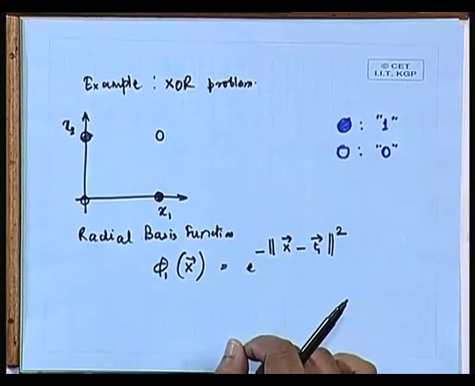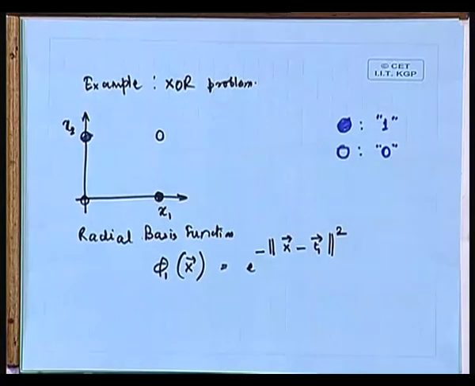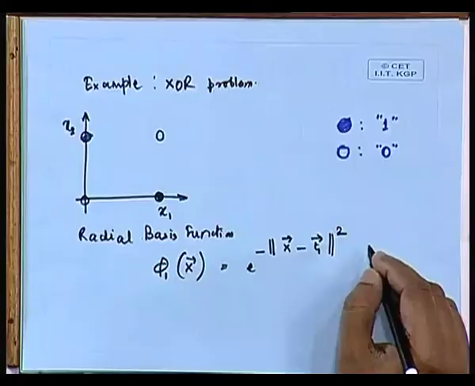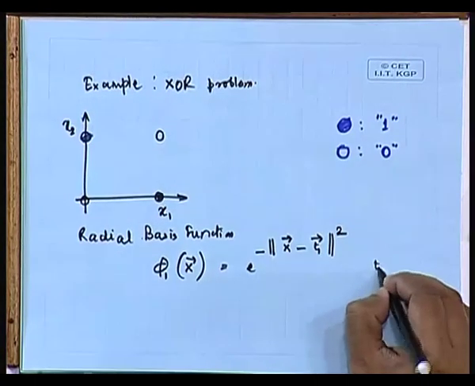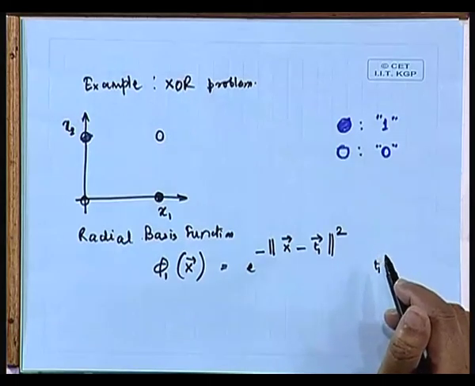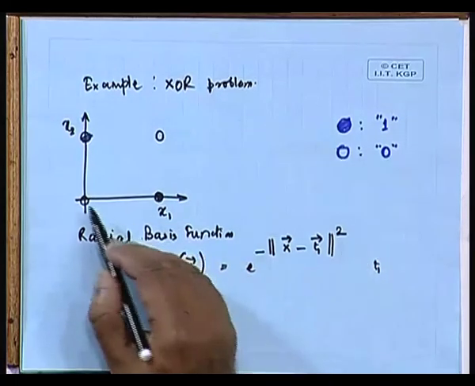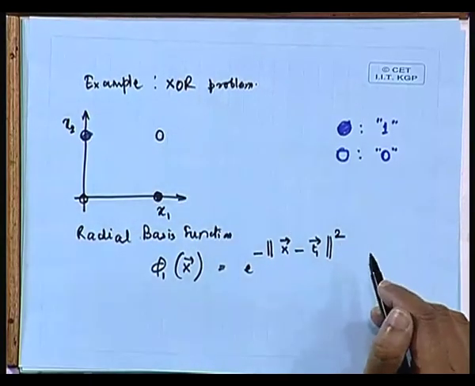Now, this T1 is nothing but the center of the function. The Gaussian function that we are considering is definitely centered around T1. So, we take T1 centered around two of the patterns that give us class equal to 0, let us say. We take this and this to be the centers of the Gaussian.